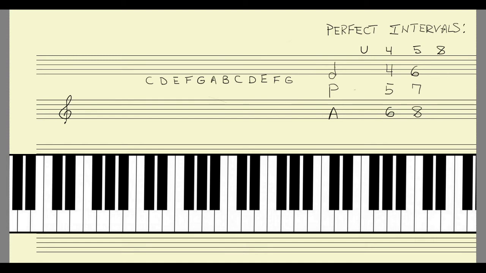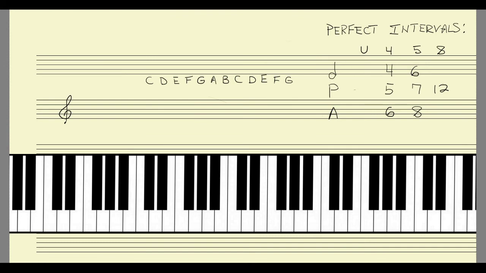So let's use this same pattern to figure out the intervals and the half steps of the unison and the octave. Let's start with the octave. An octave has 12 half steps. And don't just take my word for it. If you go to the keyboard and you go up a chromatic scale from C to C, you'll come up with 1, 2, 3, 4, 5, 6, 7, 8, 9, 10, 11, 12 half steps.